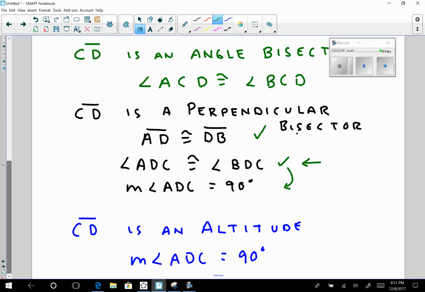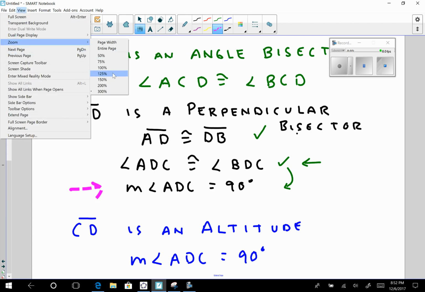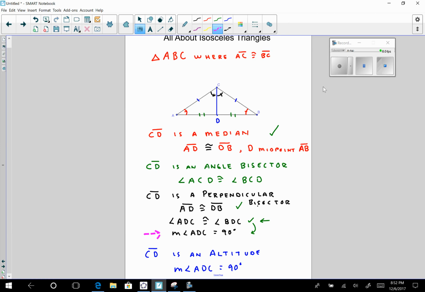And because of this fact right here, CD is also an altitude. So those are four nice properties. Let me zoom out and we look at all of it. If I have an isosceles triangle and I consider the median CD, CD is also an angle bisector, a perpendicular bisector, and an altitude.